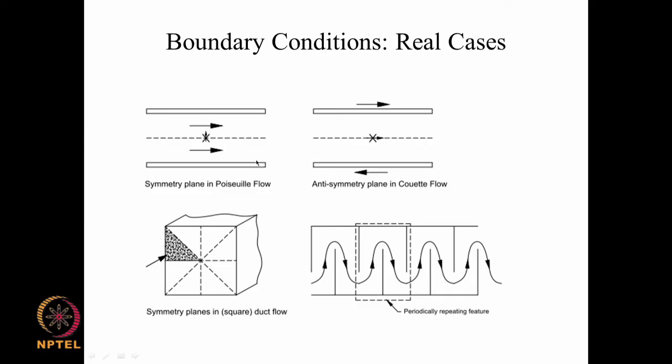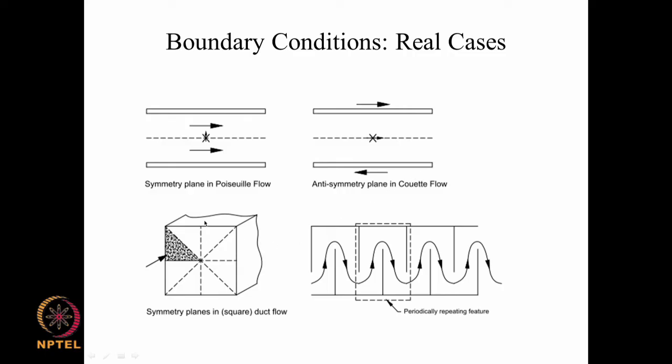It is not necessary for us to compute the bottom part if you know the upper part. So we can say that we will consider only the upper half of the domain and impose the symmetry boundary condition here. And you can also have an anti-symmetry. So here one plate is being pulled in this direction and the other is being pulled along in this direction. So for example plane Couette flow can have this type of boundary condition.